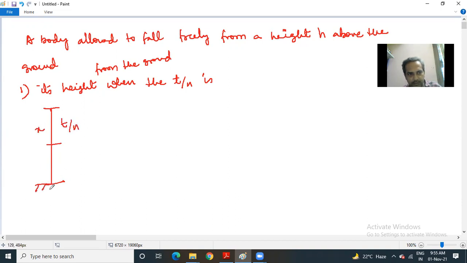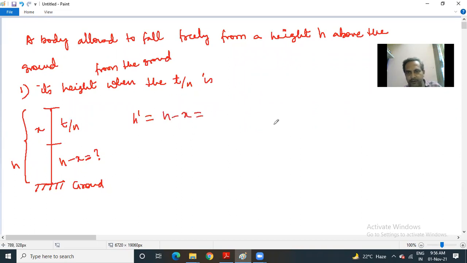So this is the ground. The total height from which the body is allowed to fall is h. So we need to find h minus x, its height from the ground after t by n seconds. So h dash is equal to h minus x.